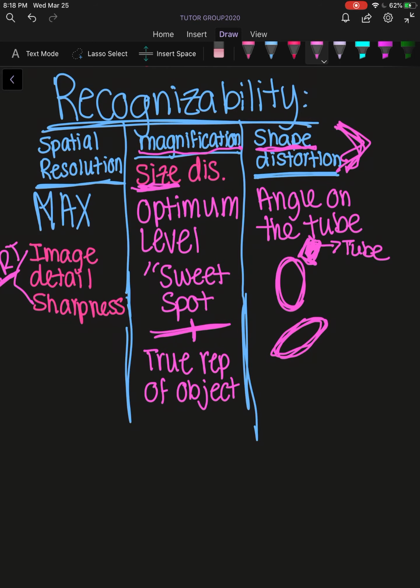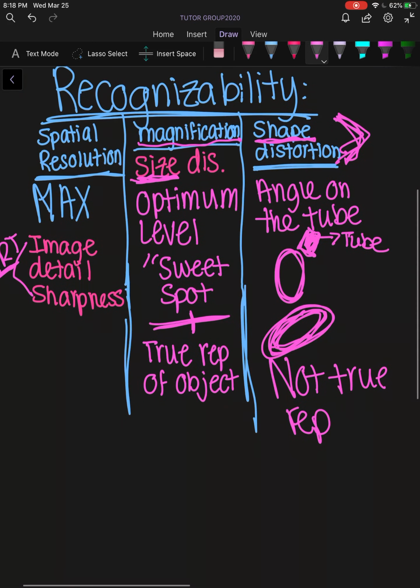Think about it this way: if I have a magnifying glass up to some words in my physics book, those words are still the same exact words as if I took away the magnifying glass. They're just larger. But in shape distortion, it is not a true representation, because it is changing the whole shape of that anatomy. It's not at all a true representation.